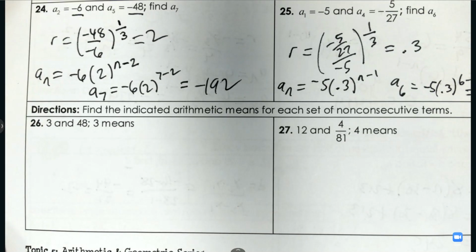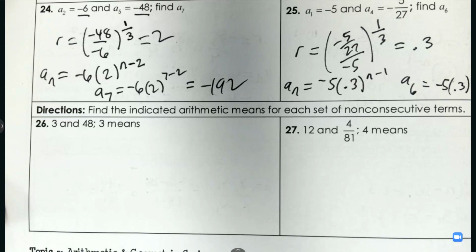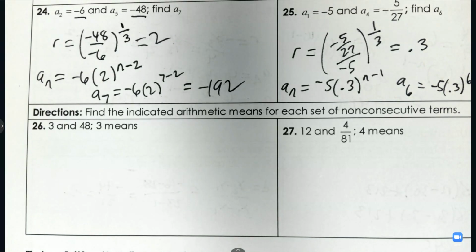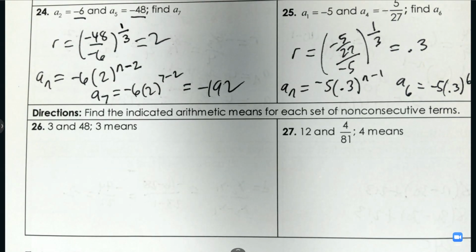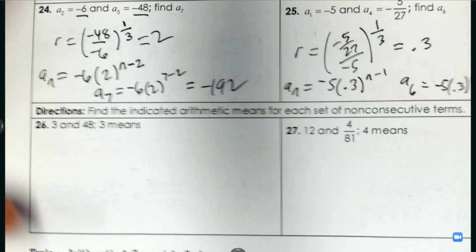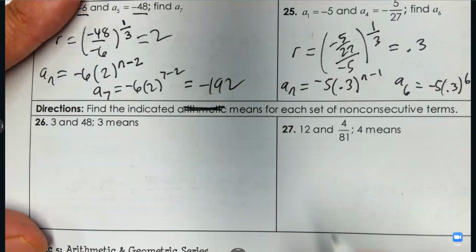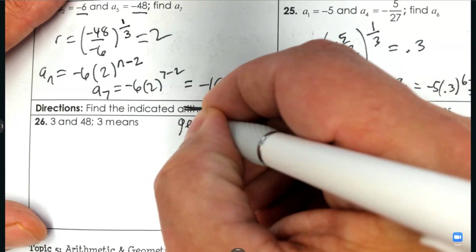Number 26. Find the indicated arithmetic means. So I'm going to tell you that that's a typo. This word should be the word geometric.